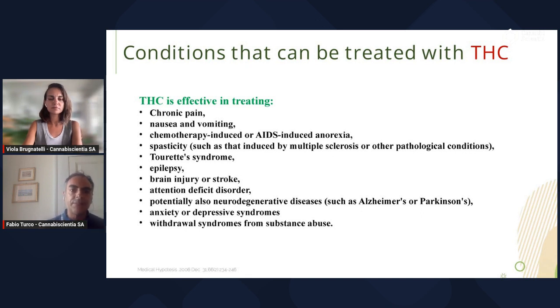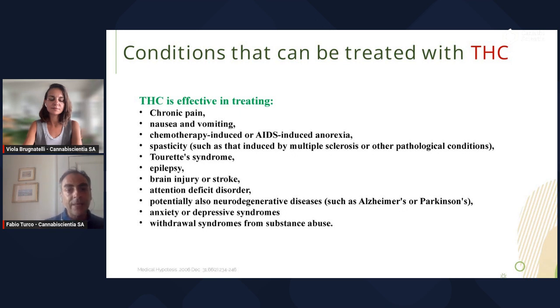Moreover, it's effective against nausea and vomiting, particularly those induced by cancer therapy or debilitating conditions such as AIDS. It is also useful for AIDS-induced anorexia because it's an appetite stimulant.